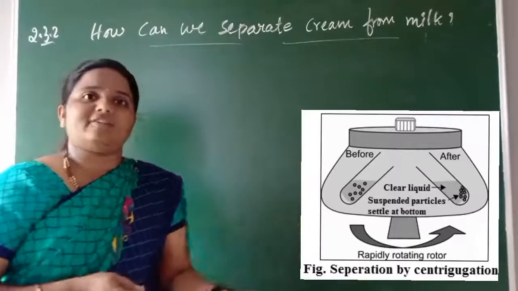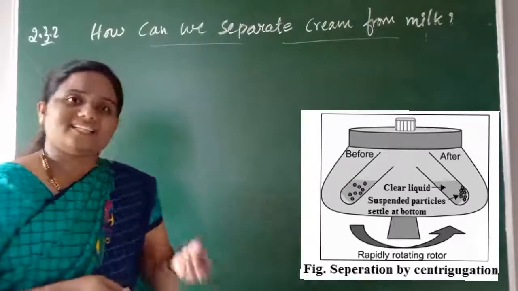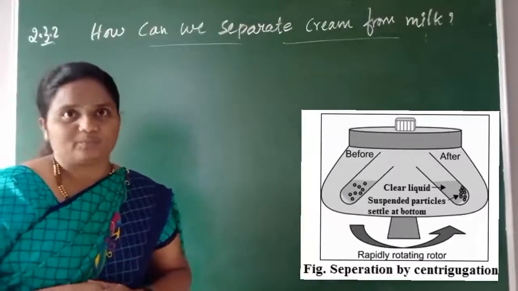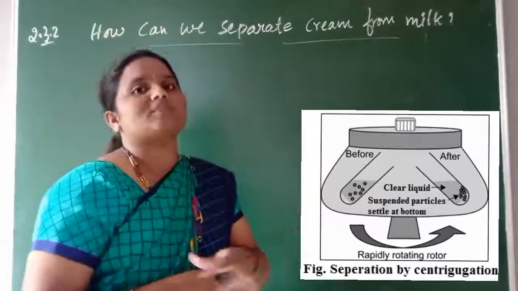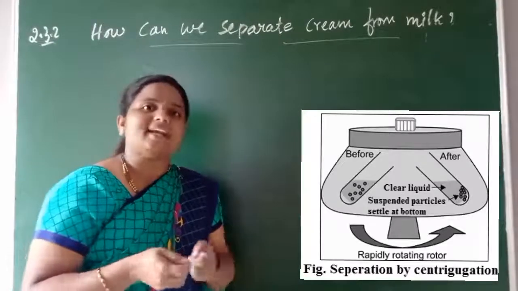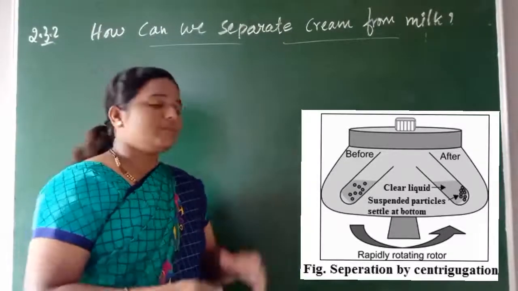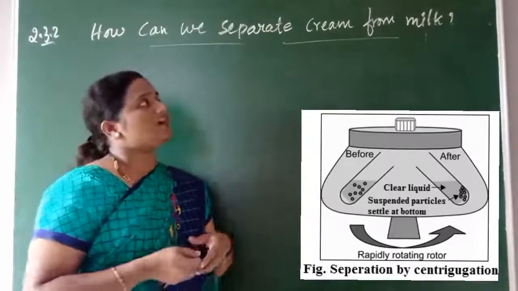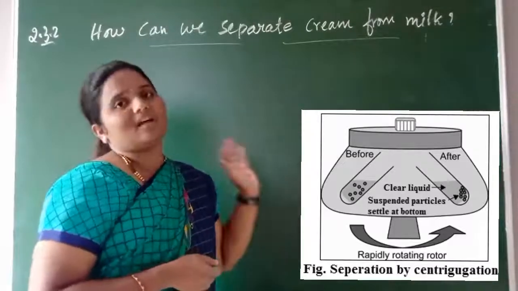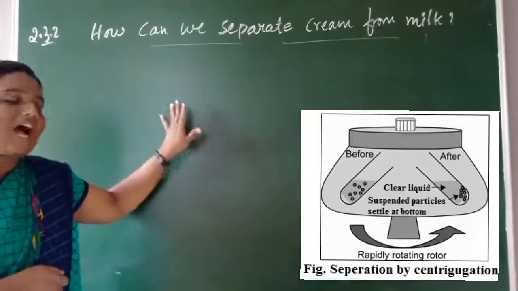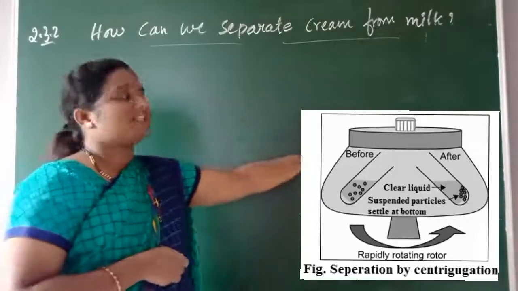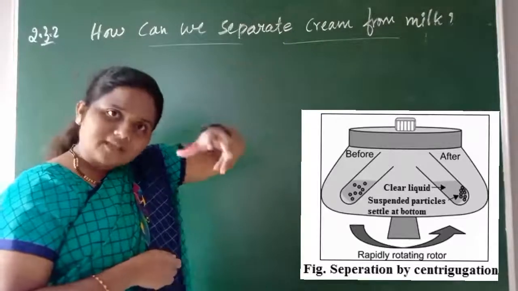In a dairy, they definitely use such a machine. What does this centrifuging machine do? It spins rapidly, children. By doing so, we can separate the solid particles from the mixture. So once after churning, the cream is going to separate, children.